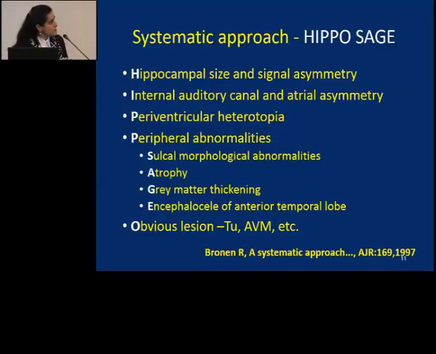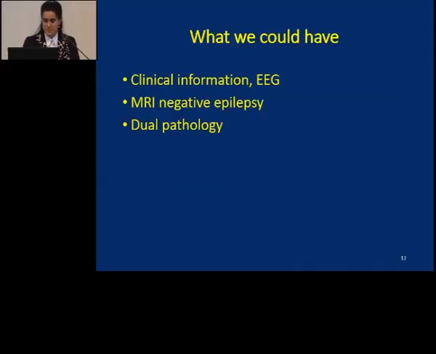Look for periventricular region, but also peripheral abnormalities. It is quite easy to detect obvious lesions. SAGE comes from sulcal morphological abnormalities, atrophy, gray matter thickening, and a very rare condition, encephalocele of the anterior temporal lobe, but it should also give epilepsy.